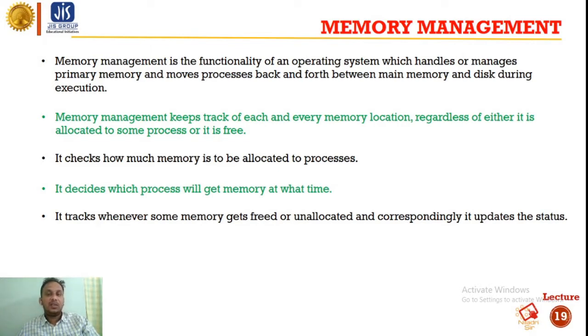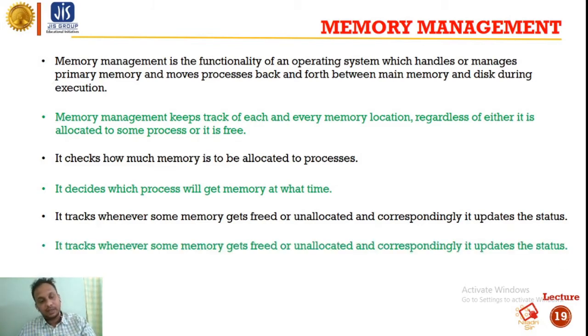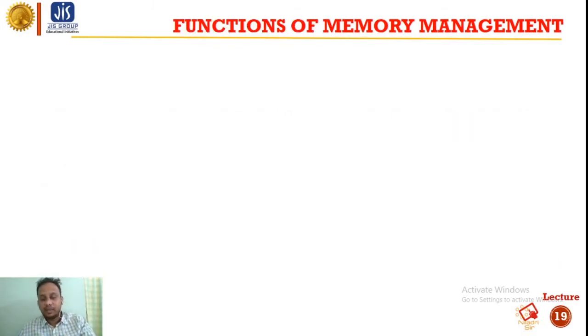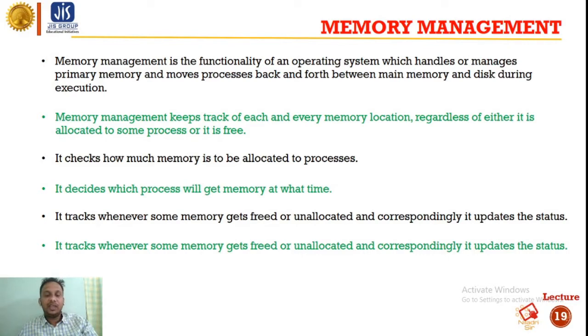But main memory has very limited space, and a program or process size may be larger than the main memory. All these typical tasks are handled by memory management. It tracks whenever some memory gets freed or unallocated and correspondingly it updates the status.